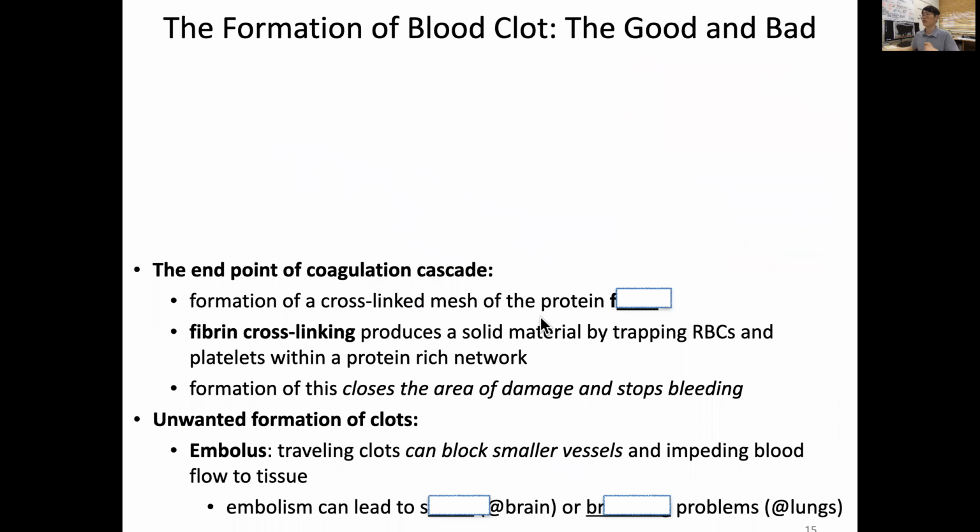I want to show the good and bad aspects of this formation of blood clots, which is our intrinsic protection mechanism for our blood, preventing infections and microorganisms from getting into our body. But on the other hand, a clot inside the blood vessel may cause health issues. The end point of the coagulation cascade is the formation of a cross-linked mesh of the protein fibrin.